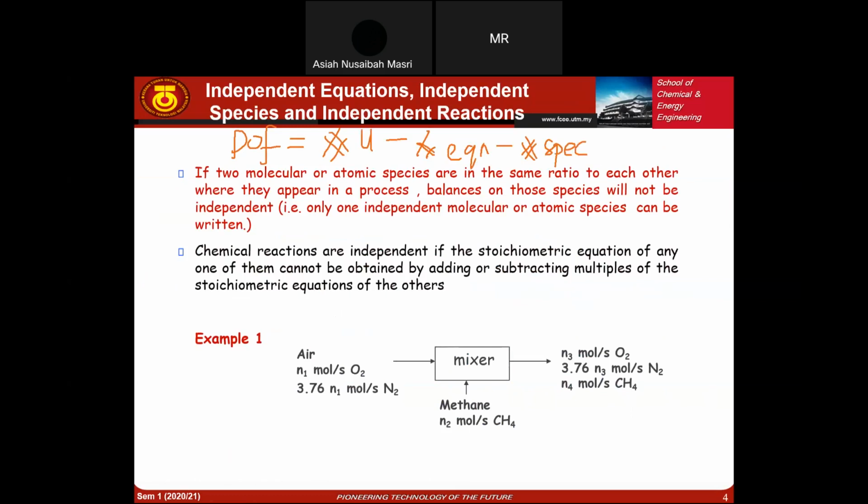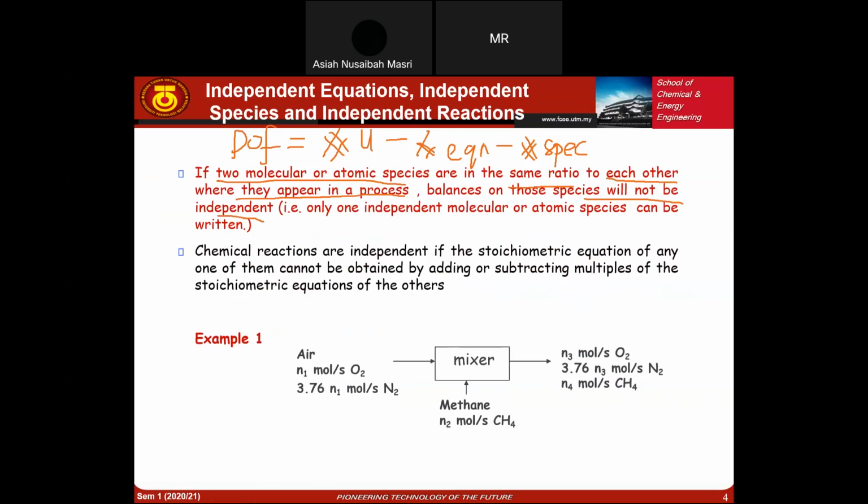So how do we count the number of independent balances? In this case, for molecular and also atomic species, there are a few rules that we have to take note of. The first one is, if two molecular or atomic species are in the same ratio to each other where they appear in a process, which means input and output both have the same ratio, balances on those species will not be independent.